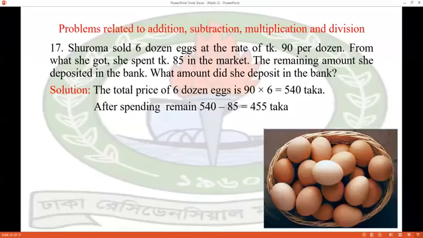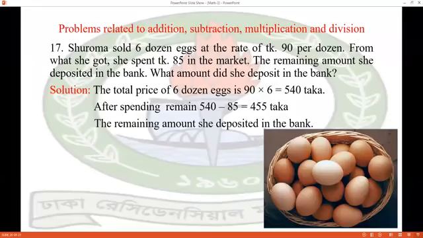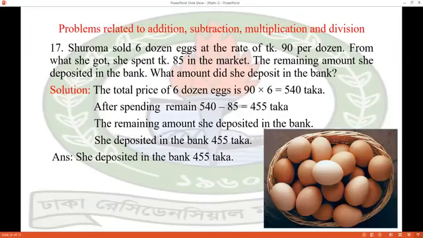After spending, the remainder is 540 subtract 85 equal to 455 taka with her. This taka she deposited in the bank. So the remaining amount she deposited in the bank is 455 taka. So the answer is she deposited 455 taka in the bank.